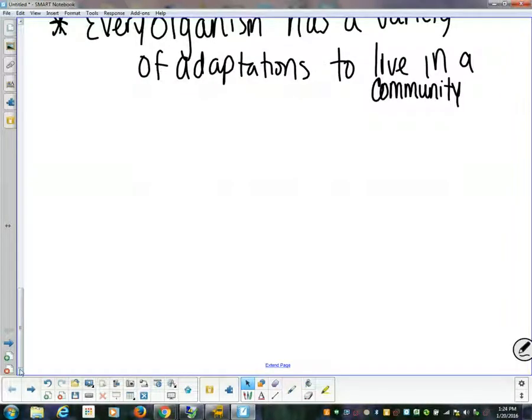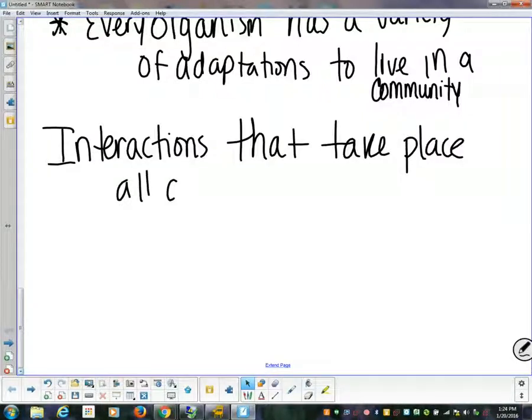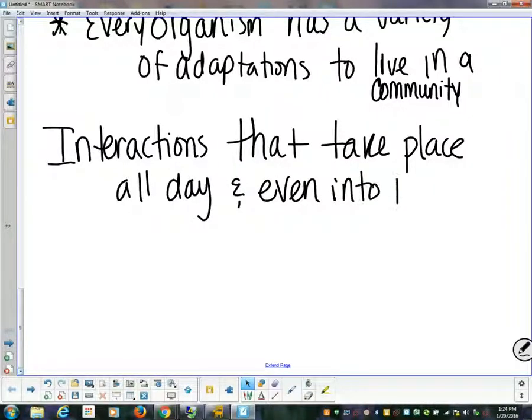Now, that sounds all perfect and nice and a nice little fancy way of looking at communities, but there's a lot of interactions, okay? There are interactions that take place all day. And even into the night.